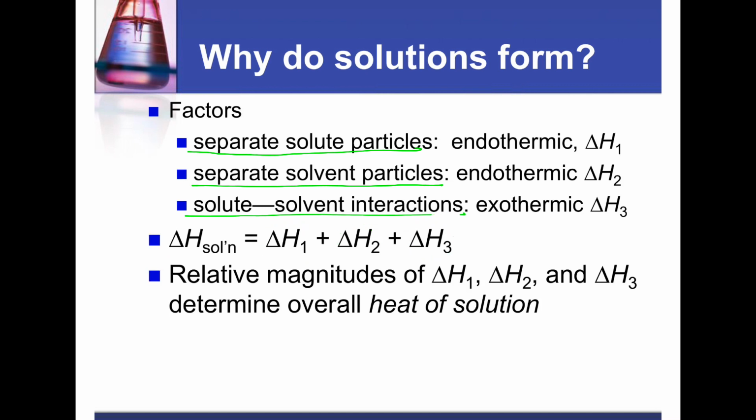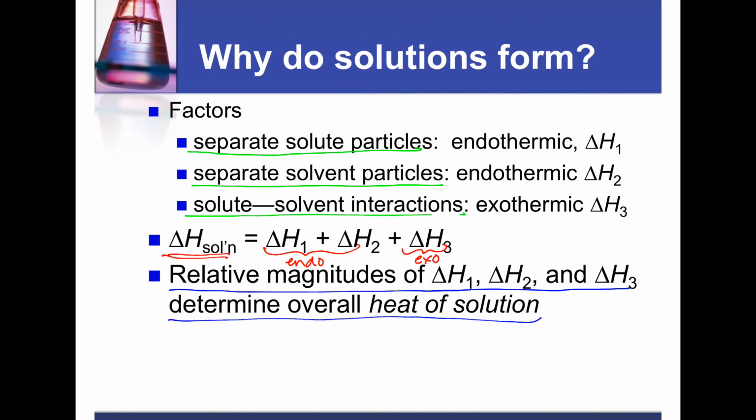Now, the overall energy of the solution, the value of that depends on whether the endothermic parts are bigger, so the numbers are bigger there, or if the exothermic part is bigger. So those relative magnitudes of each one of these processes determines the overall heat of the solution.